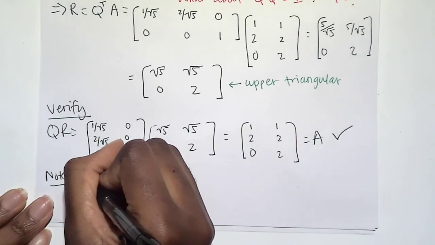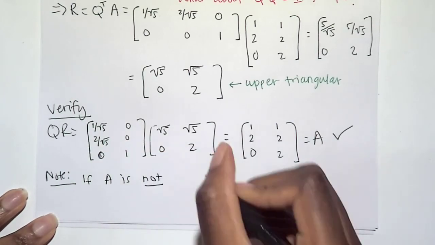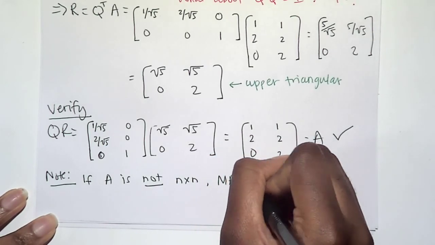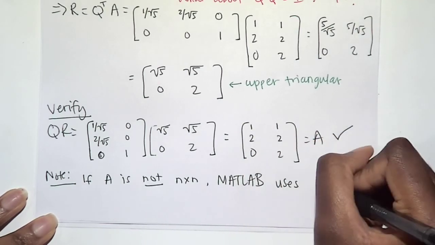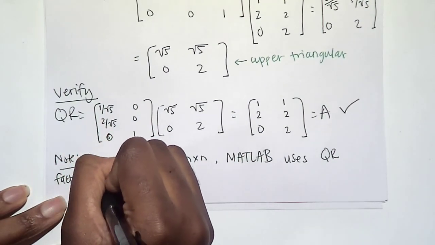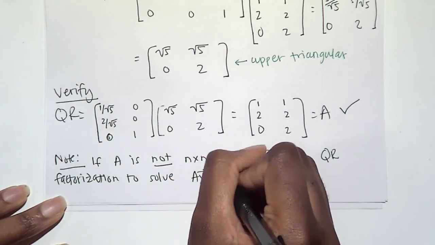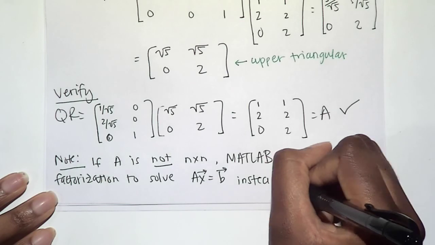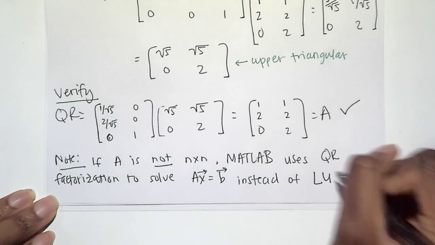If A is not n by n, MATLAB uses QR factorization to solve the system AX equals B, instead of what it usually does if it's an n by n matrix, LU factorization.